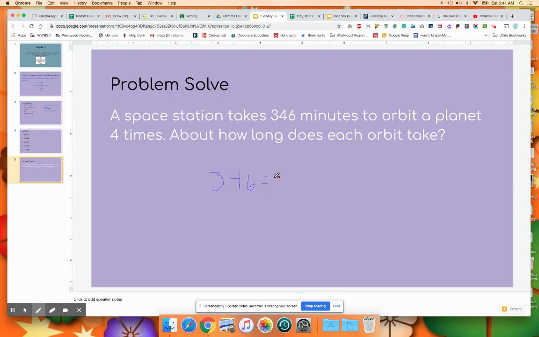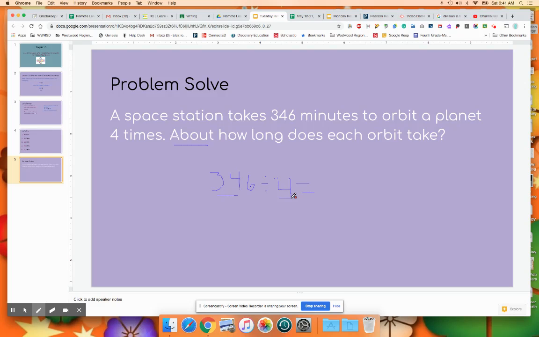That really fancy word, "about," tells me that we are estimating. So I have 34 and 4, which is closest to the 4's fact family. So I can think 32 is sort of 2 away from 34, and 36 is 2 away from 34. So this gets a little tricky.